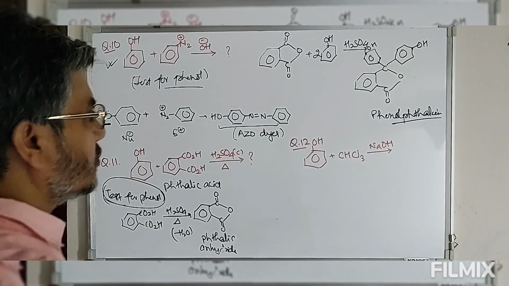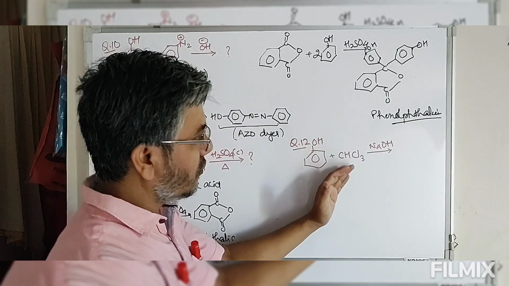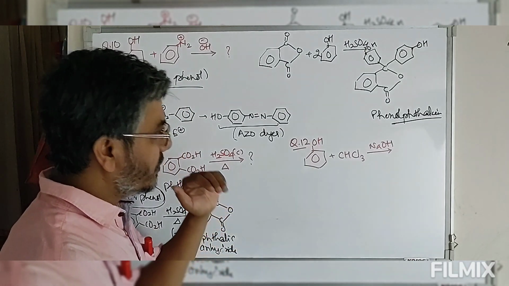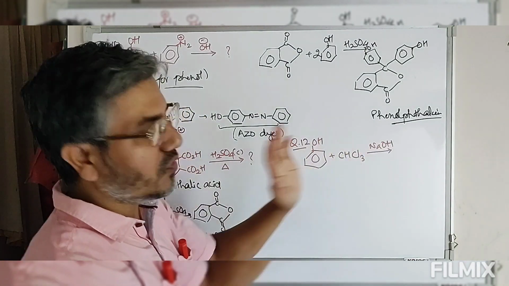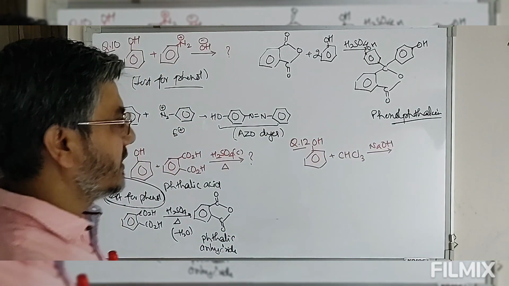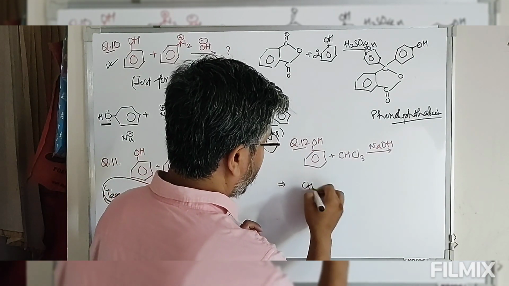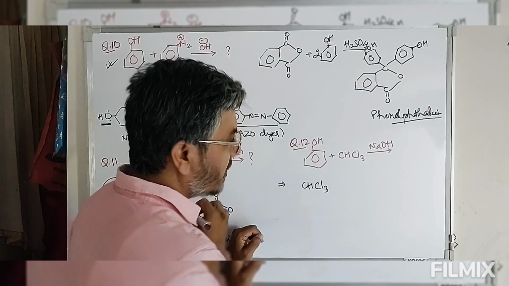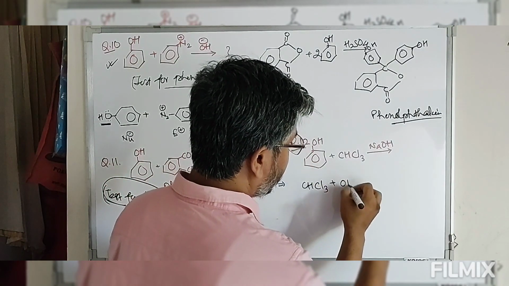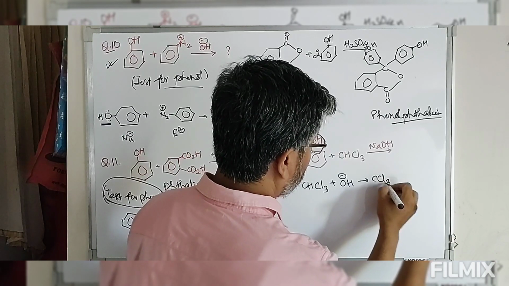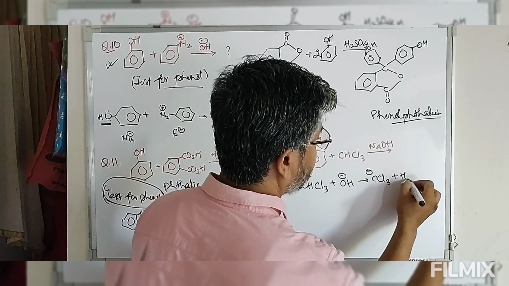Next reaction is reaction of phenol with chloroform in presence of alkali. Now look at this. We have this chloroform. Chloroform reacts with base and this gives you CCl3 minus plus H2O.